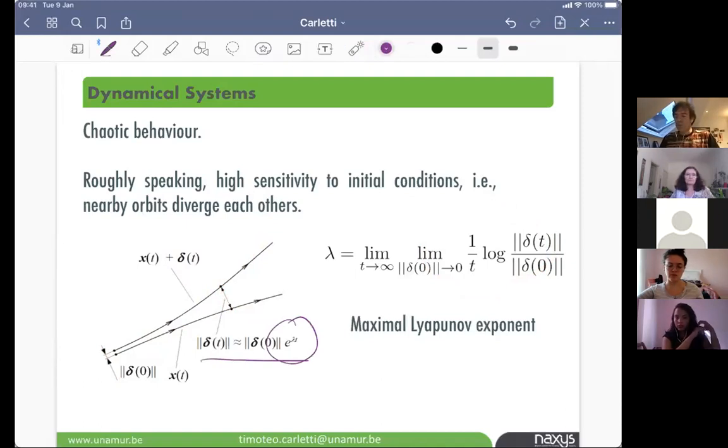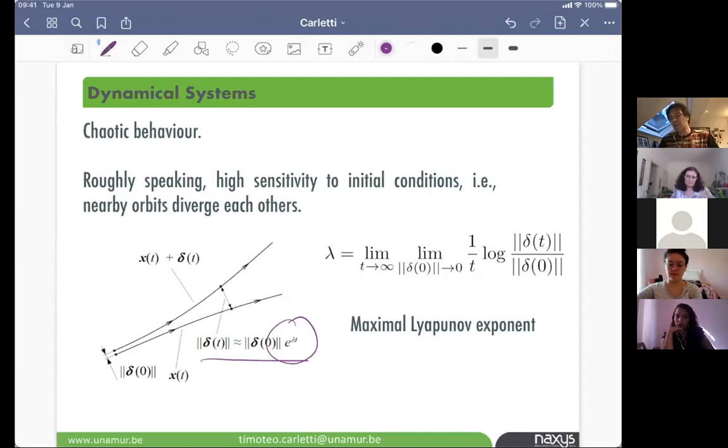You can prove that indeed there is more than one Lyapunov exponent. And so if lambda is positive, you have a chaotic system. If lambda is negative, the system is not chaotic. If lambda is 0, sorry, the system can still be chaotic, but you don't have the exponential growth, you have a power law growth.